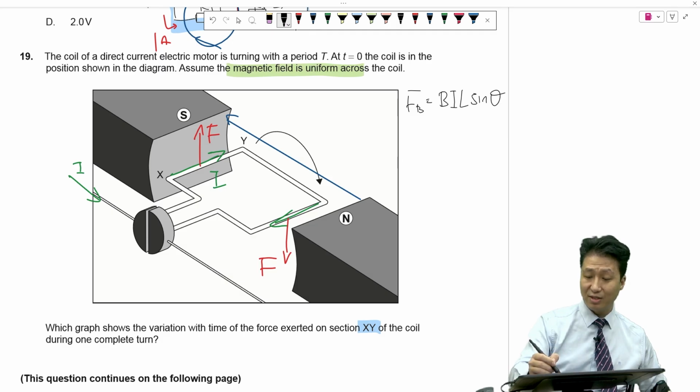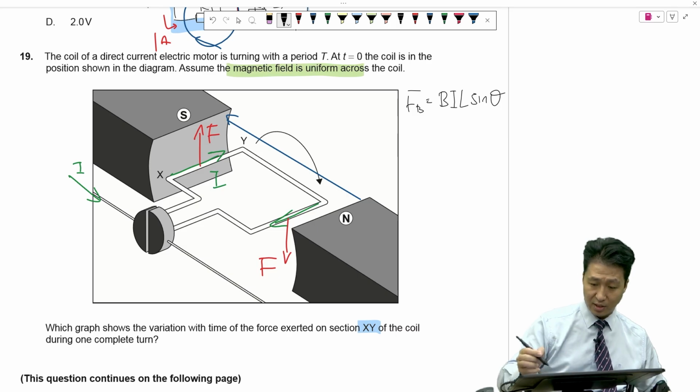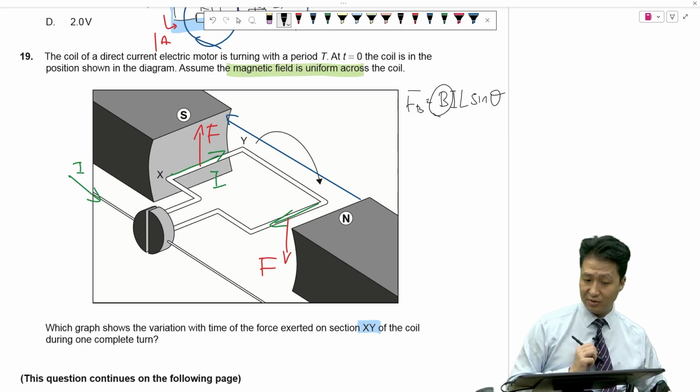They have to be 90 degrees, so it's a maximum force. If they're in the same direction, the angle is 0, the force is 0. So here, the magnetic field is always the same. The current is the same in all cases, and the length is the same in all cases.